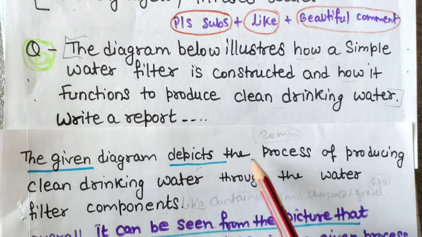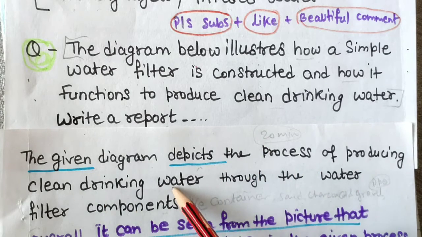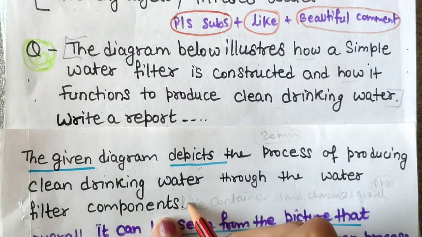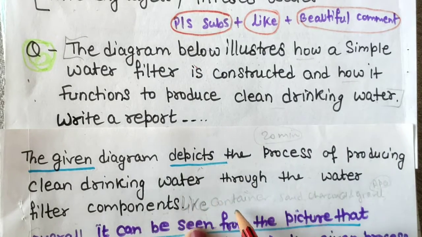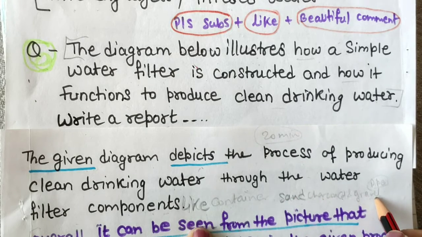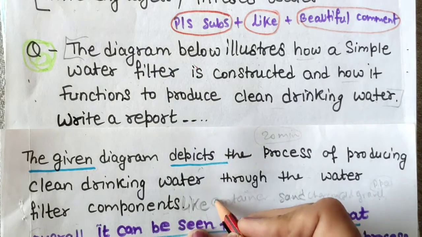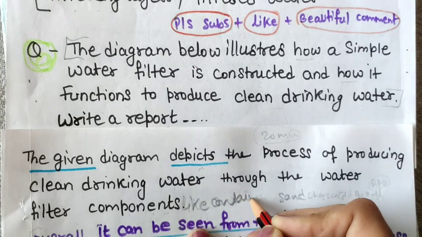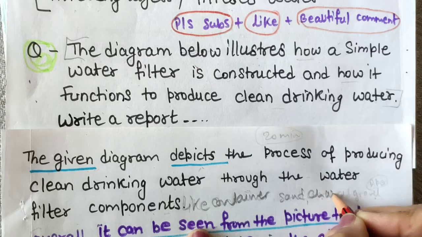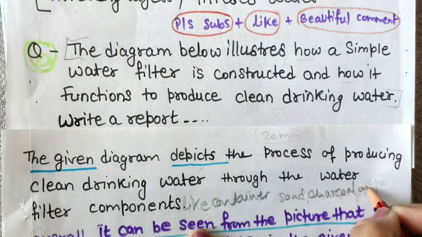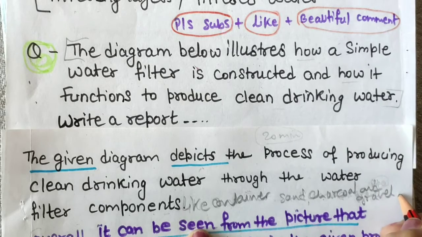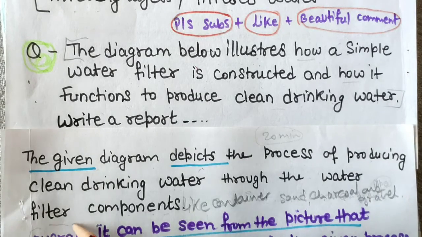So it depicts the process of producing clean drinking water through the water filter components like containers, sand, charcoal and gravel. Whatever words were given, I have used here also: sand, charcoal, comma will come here, and gravel. Not every word have I used in the introduction. This is the introduction.